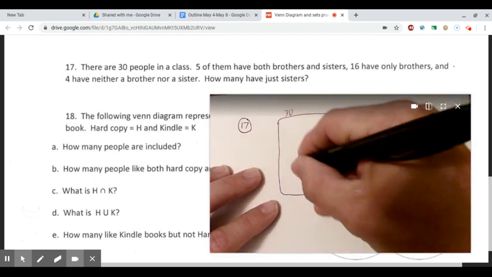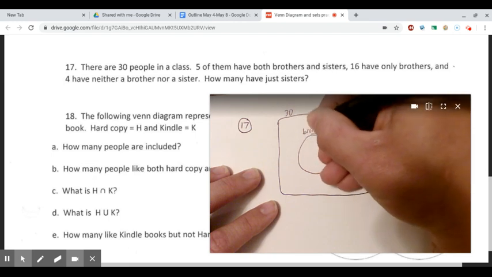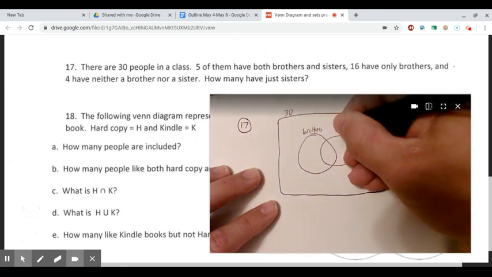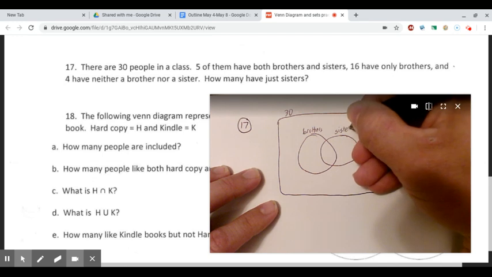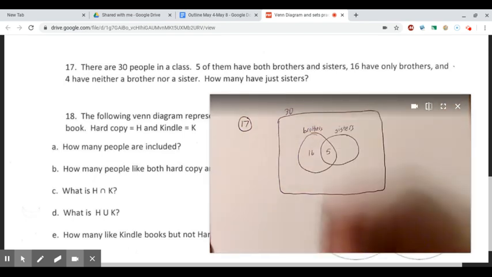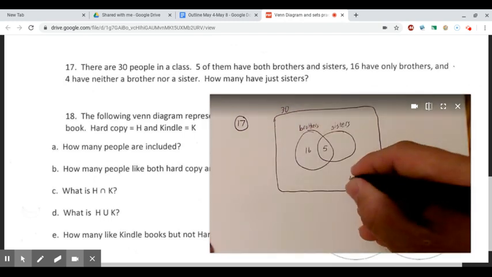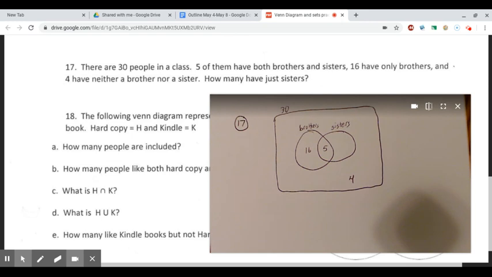So I'm going to make one of my circles brothers, the others sisters. Now it does say that 5 of them have both, 16 have only brothers, and 4 people have neither a brother nor a sister. We're going to find out how many must have only sisters.